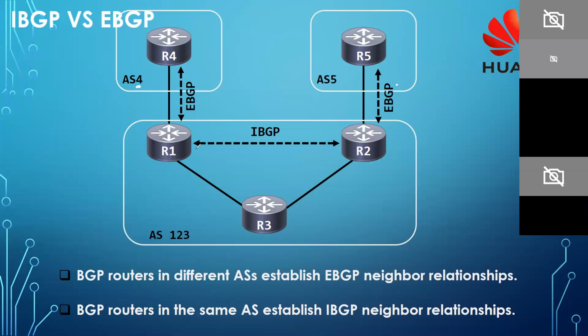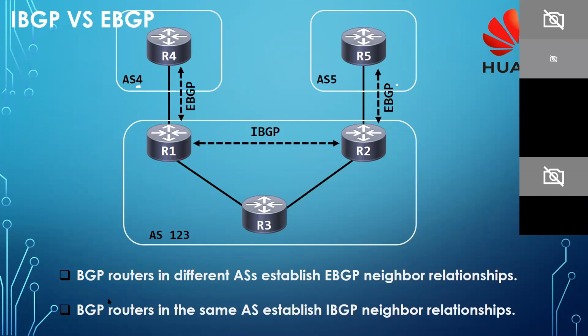When two routers are in the same autonomous system, the two routers will establish an iBGP neighbor relationship. So how does R4 know that R1 is in a different autonomous system?